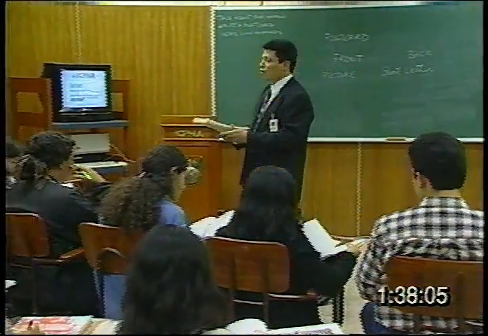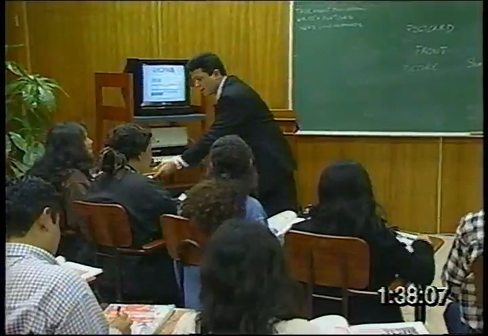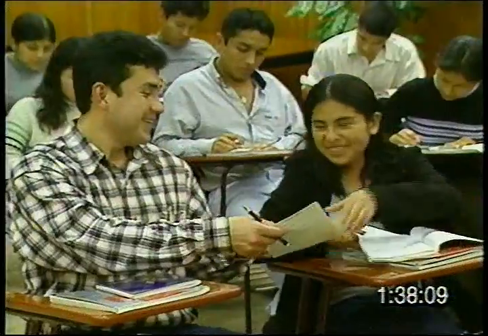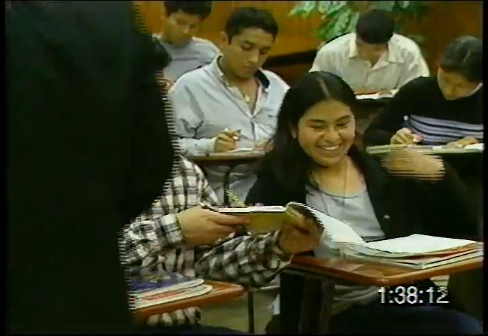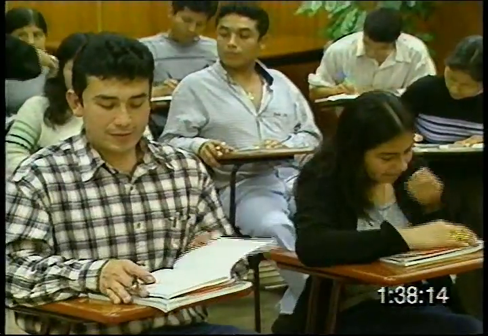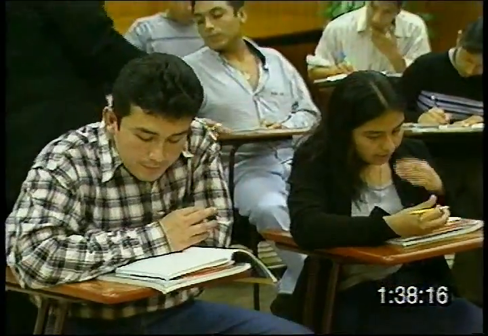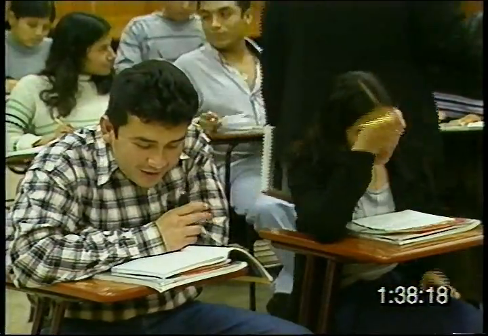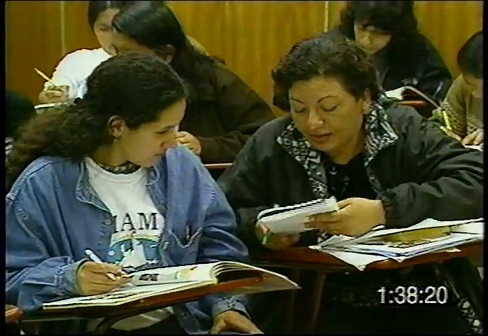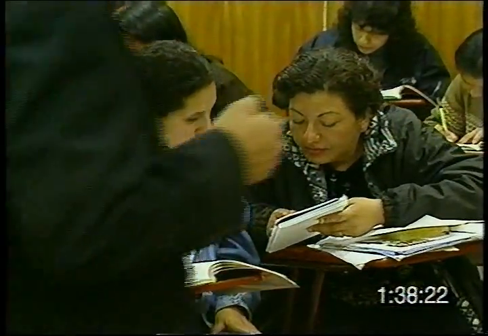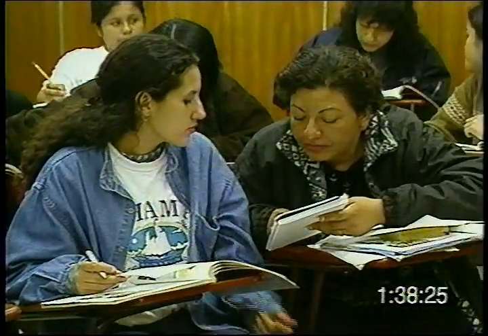So I give my postcard to Patty, and Patty gives me her postcard. Students read their partner's compositions, ask questions for clarification, and give suggestions for improvement. You read it, take a look at it.